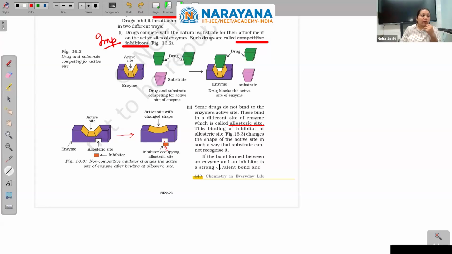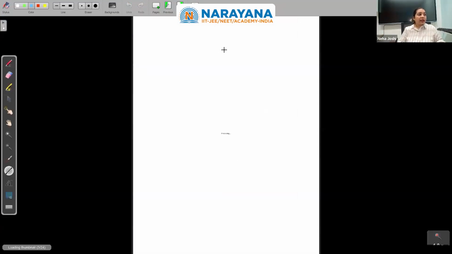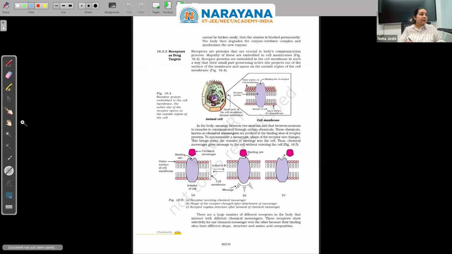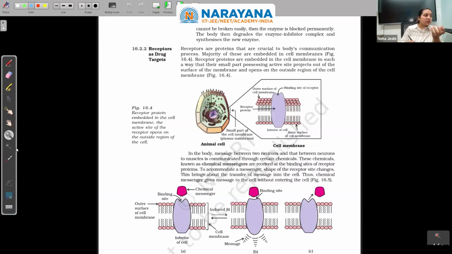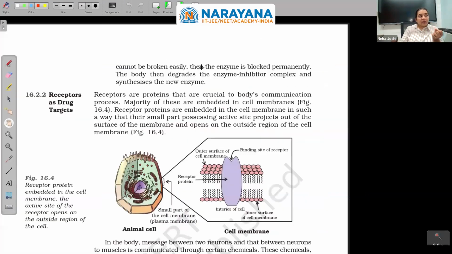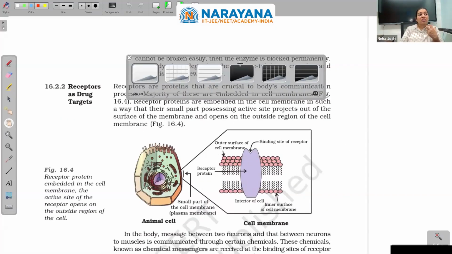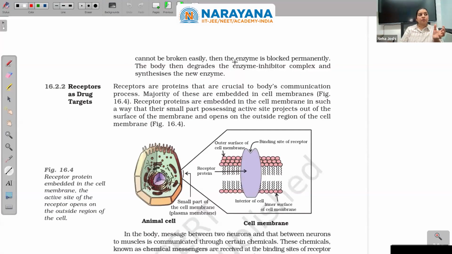If the bond formed between an enzyme and an inhibitor is a strong covalent bond and cannot be broken easily, whether it is going to the allosteric site or directly as a competitive inhibitor, then the enzyme is blocked permanently.